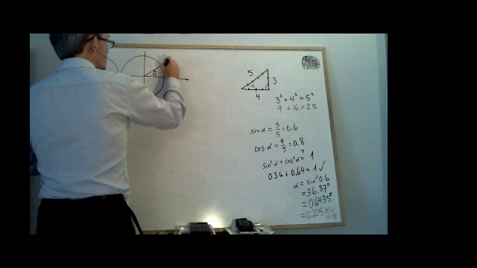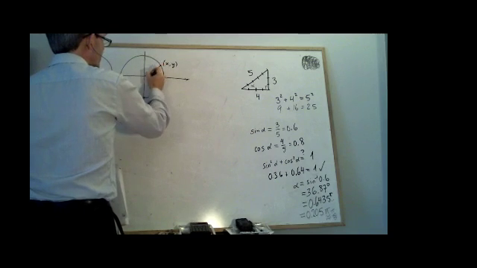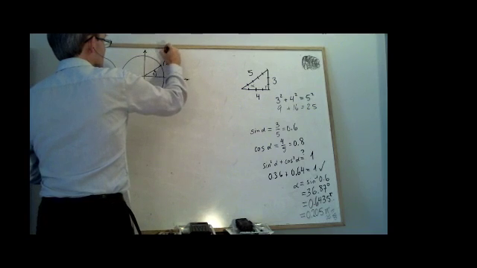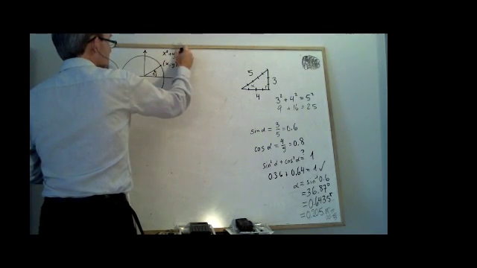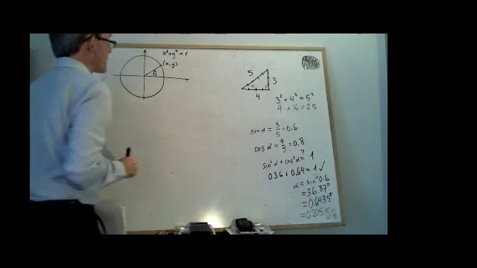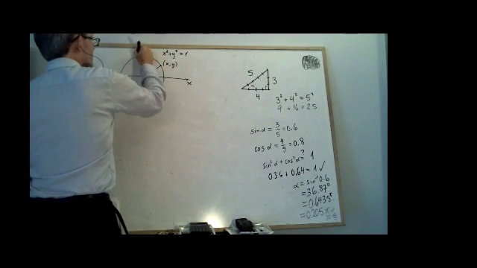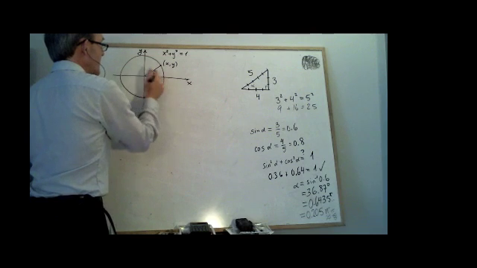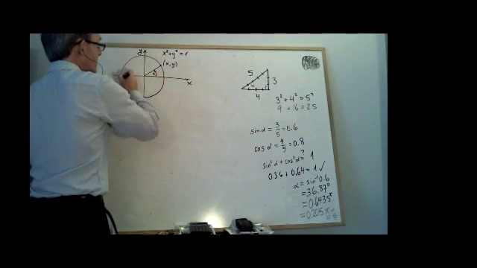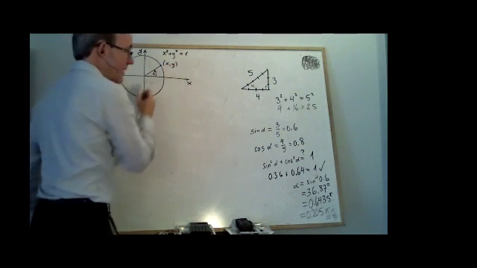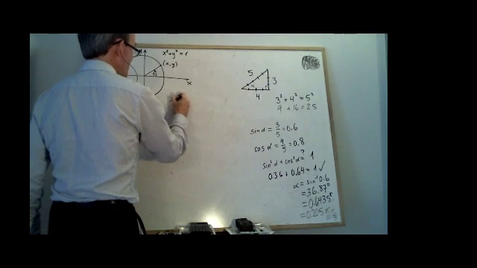Okay, we have the angle t, and we have the x and y coordinates for the point that this ray intersects with the circle. So the unit circle is always the set of all points such that x squared plus y squared equals 1. So let's see what happens as we move this point along. And the question is, so really each of these values, x and y, each of the coordinates, is a function of t.